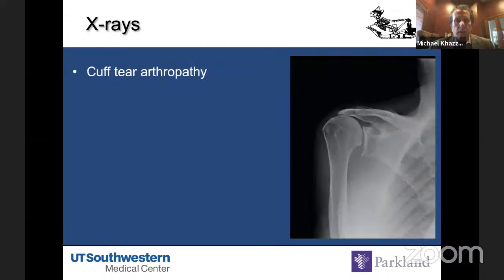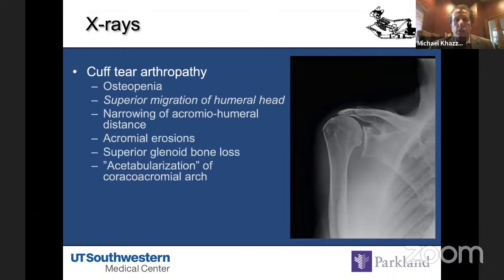And then this is juxtaposed to rotator cuff tear arthropathy, where there's proximal humeral head migration, changes on the greater tuberosity, as well as undersurface of the acromion, narrowing of the acromio-humeral interval, and then acetabularization of the acromial arch, and superior glenoid bone loss. So this is more coronal plane deformity as opposed to osteoarthritis and rheumatoid or inflammatory arthritis, which is typically axial plane deformity.